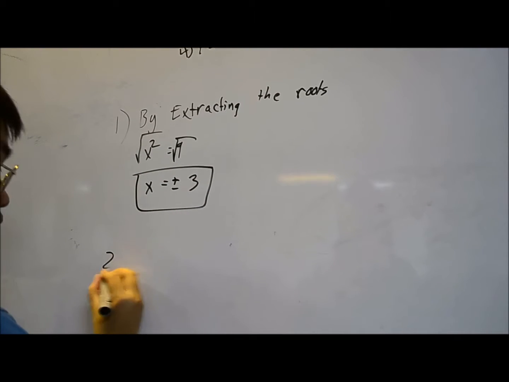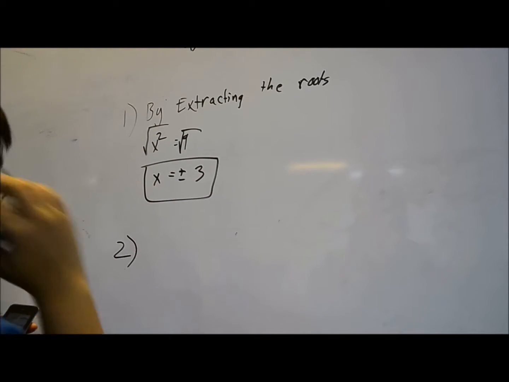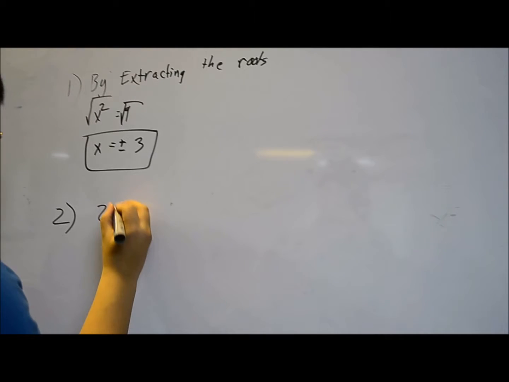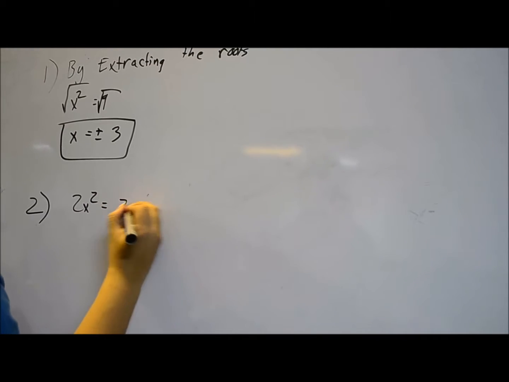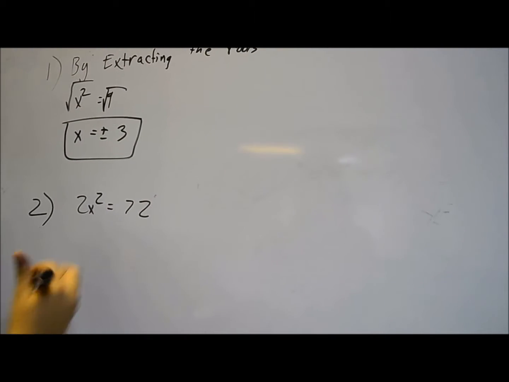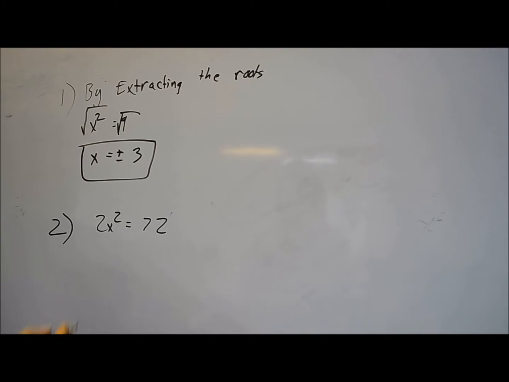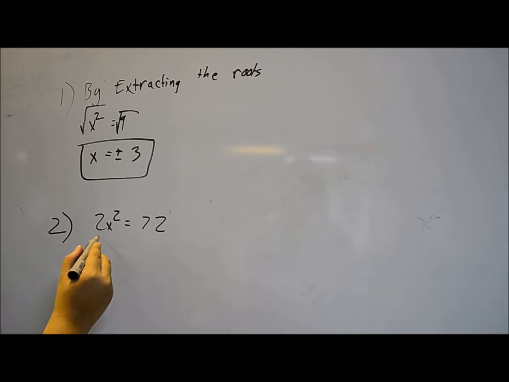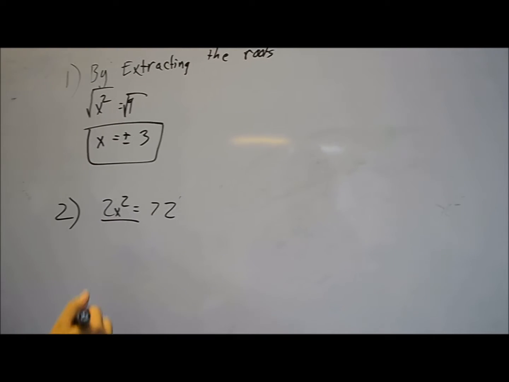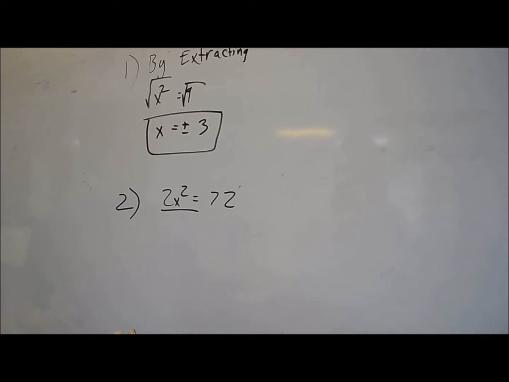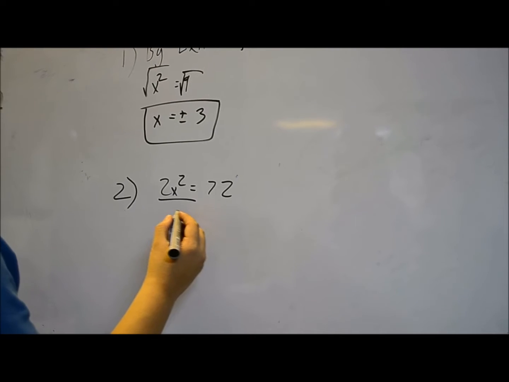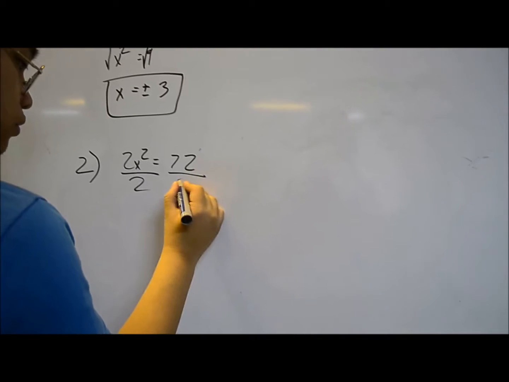Let's have another one. Say for example, we have 2x squared equals 72. We cannot extract the square roots yet because of the numerical coefficient 2. So the first thing we have to do is divide both sides of the equation by 2.